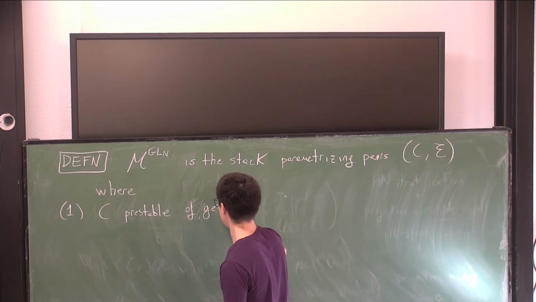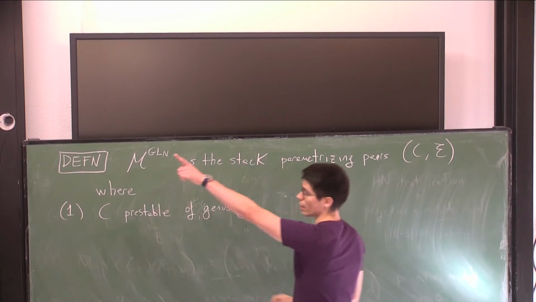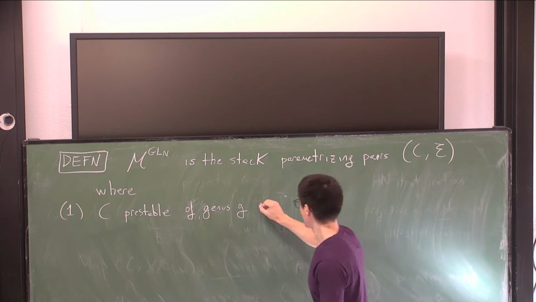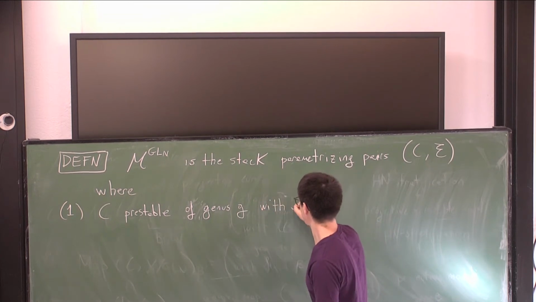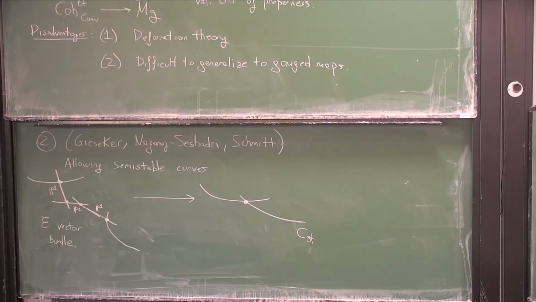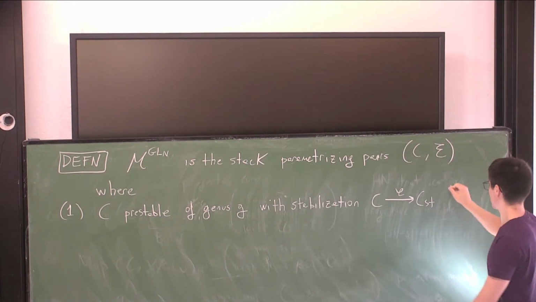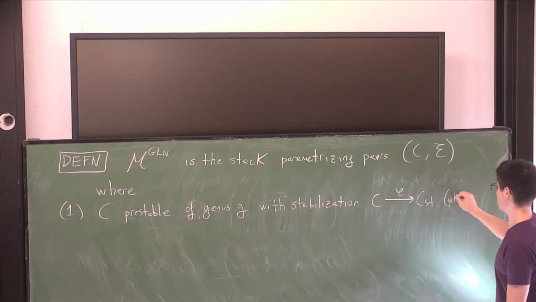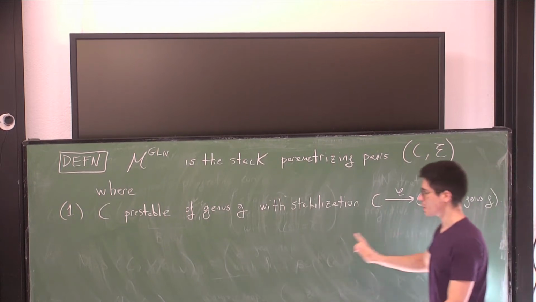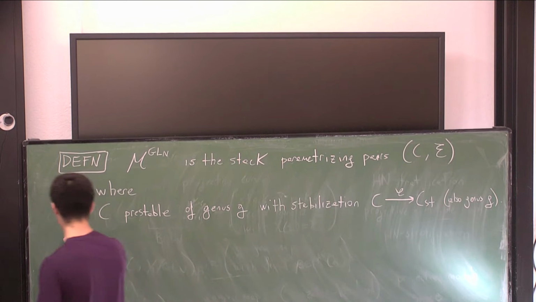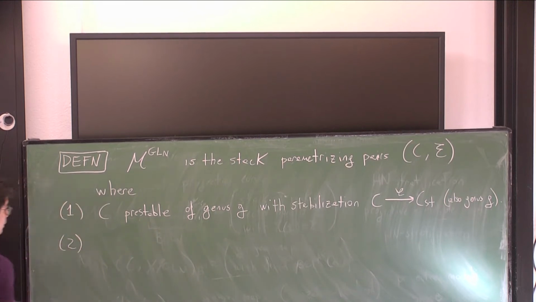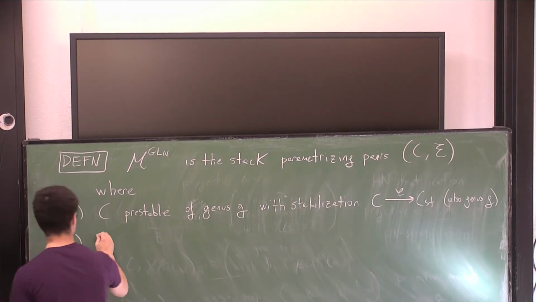So we're going to fix the genus that we have from before. With stabilization something, we don't really care what the stabilization is, but we're going to assume that the stabilization also has genus g. So it's just a pre-stable curve, any type of nodal curve you like. And then you're going to have a vector bundle.